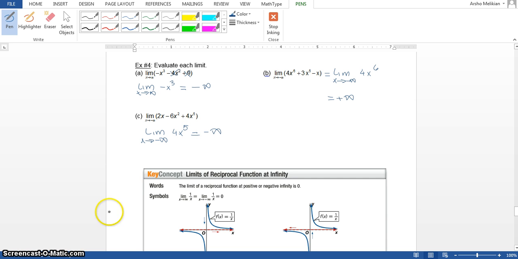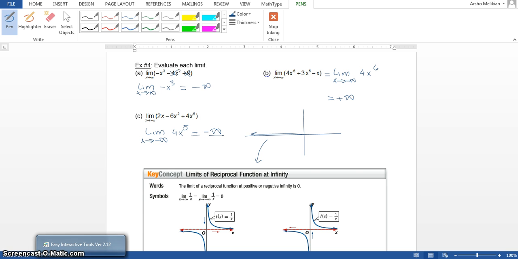So negative to the power of 5 will still be negative. So that's the answer, negative infinity. Which means as x approaches negative infinity, this function is moving down towards negative infinity. Okay? That's what that means.